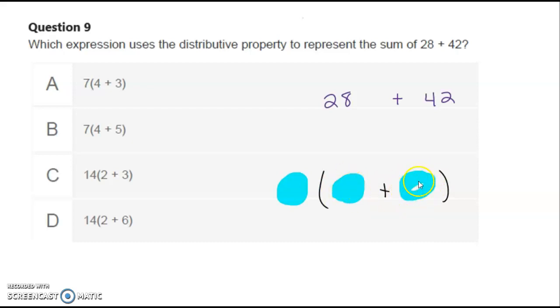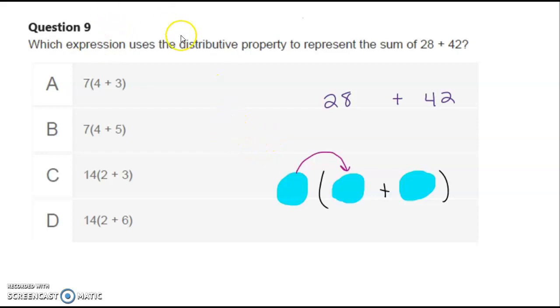I know this number out here has to multiply to these to give me 28 plus 42. So the first thing we have to do is take out the greatest common factor of 28 and 42.